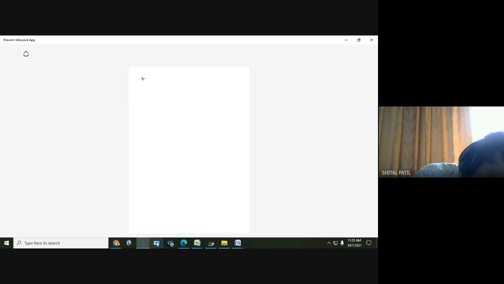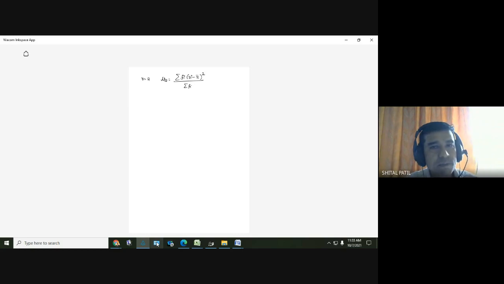So r equal to 2: summation of fi (xi minus x bar) square, divided by summation of fi. Have we seen this formula somewhere? Yes, that was the standard deviation, only it was inside the root.